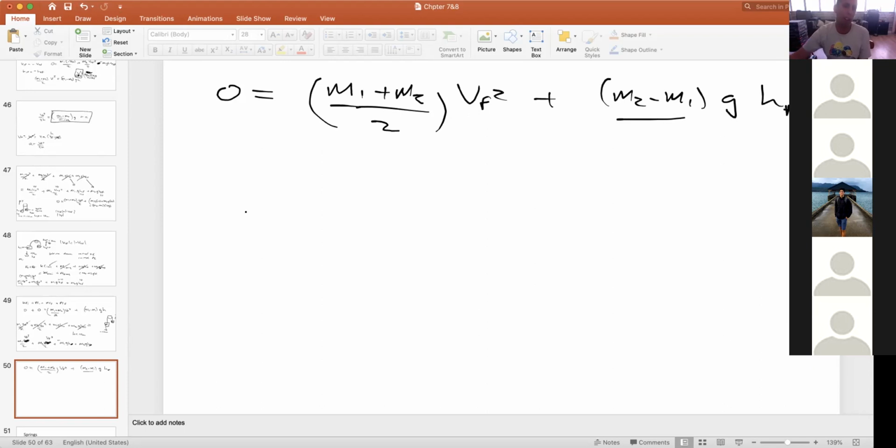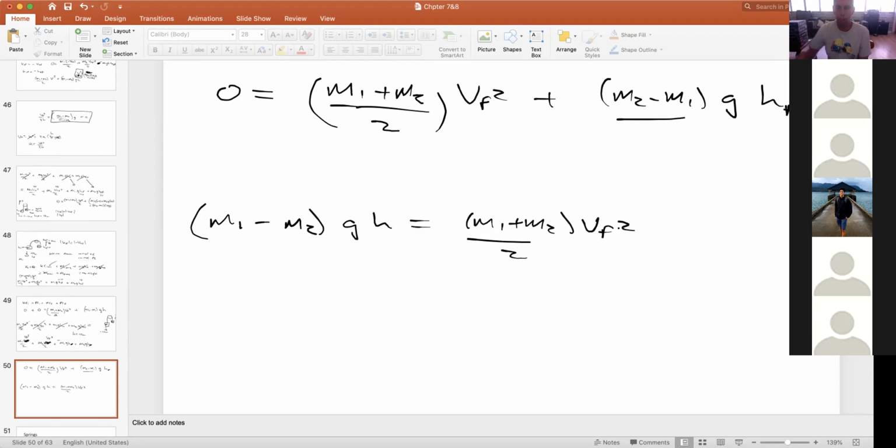Move that over to the other side and I get M1 minus M2 GH is equal to M1 plus M2 over 2 V final squared. Now here's the part that I want to get through to you guys.